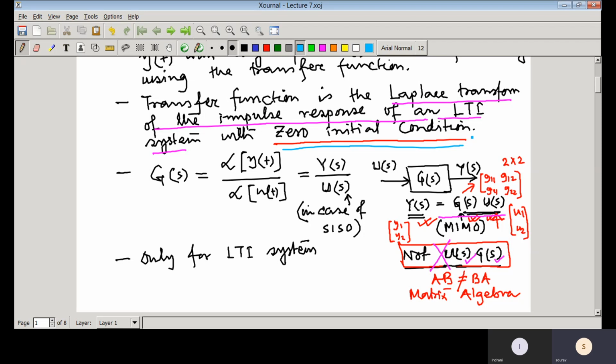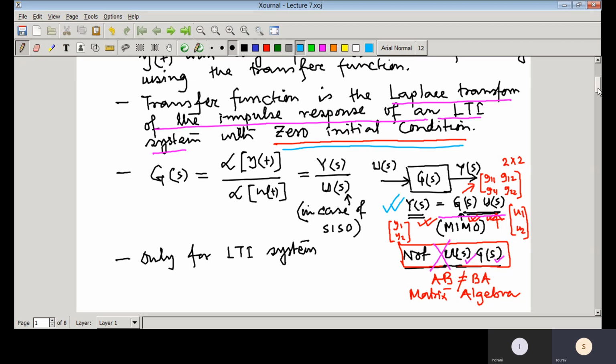But in another way, you can see that this modeling technique is very easy, as this description is in algebraic form. That means you can do all sorts of algebraic operations between input and output, which I will be discussing in detail today.